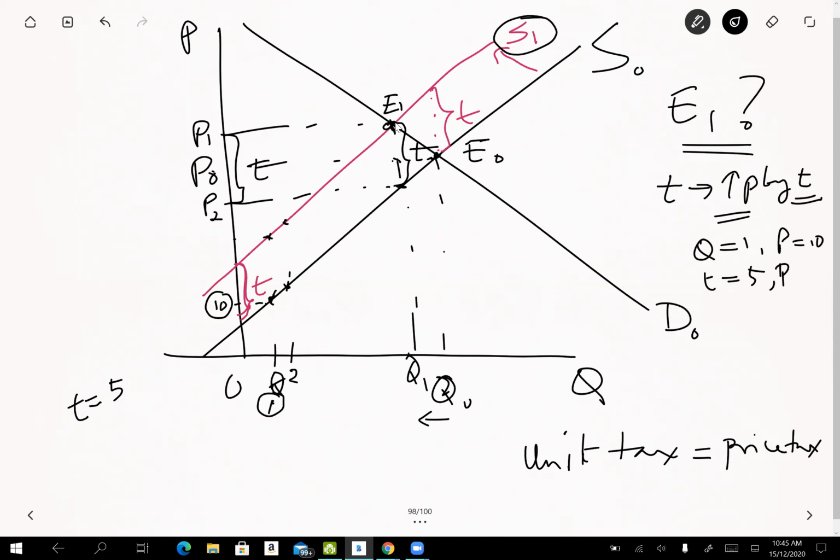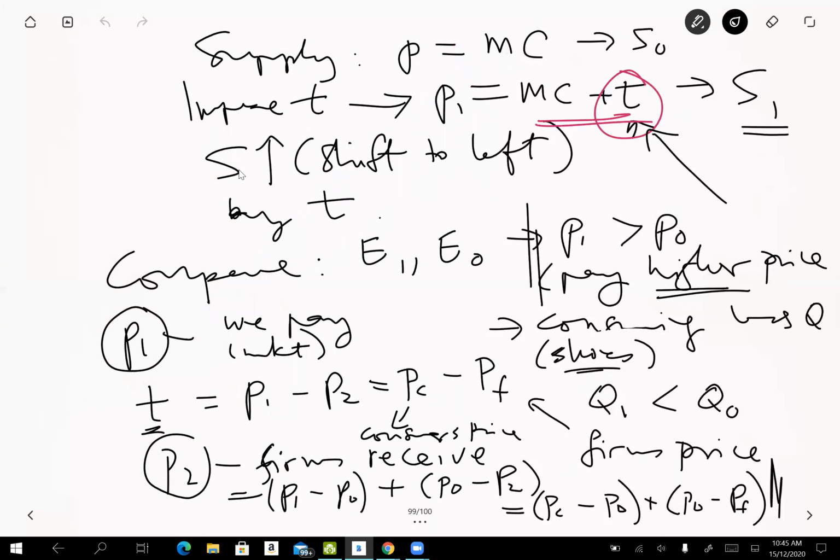In terms of prices, it is the difference between P1 and P2, not P1 and P0. So I think that's where we left last class. The tax is equal to P1 minus P2, which we call PC, the consumer's price, that is how much we pay, minus PF, the firm price, the price received by the firm.